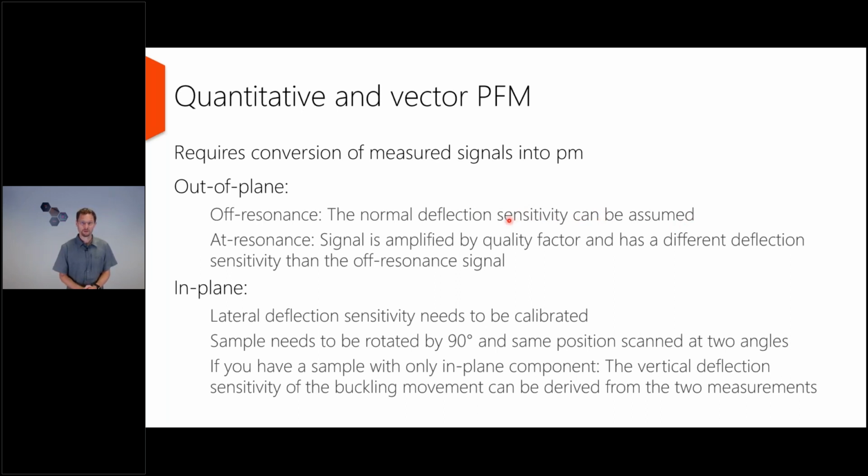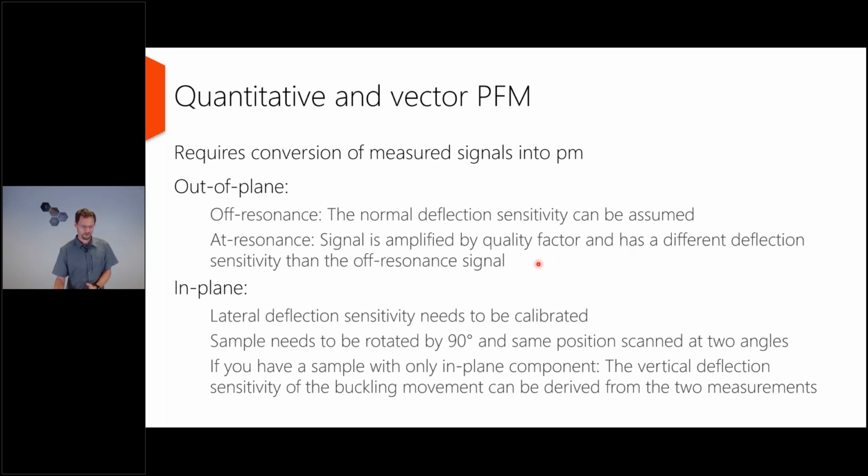That means I can measure that, do the thermal tune, measure the spring constant based on Sader, use the equipartition theorem to get the deflection sensitivity, and then you get a good measure of how the deflection is transferred from volts into picometers. At resonance, you have to take the quality factor into account, but also the different deflection sensitivity of the off resonance signal.